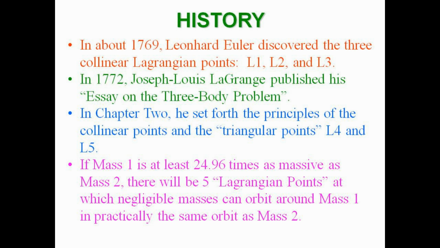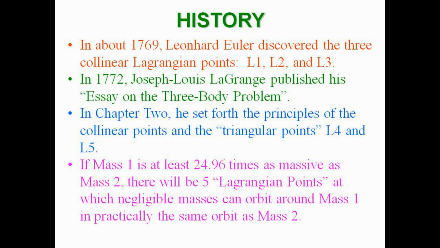So for this to work, Lagrange worked out the idea that if mass 1 is at least 24.96 times as massive as mass 2, and that's, of course, easily accomplished with the Sun relative to the Earth, and actually it's still in effect with the Earth with respect to the Moon, then you will have these 5 Lagrangian points at which negligible masses, like little asteroids or satellites, can orbit around the central mass in the same time period as the mass 2 orbits around.